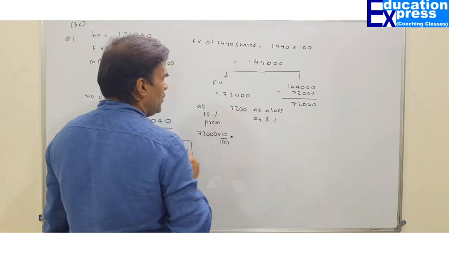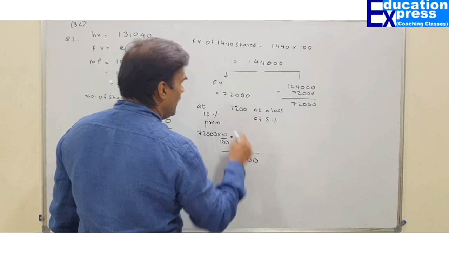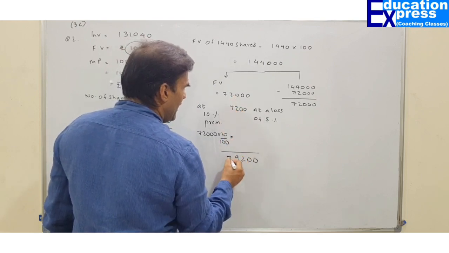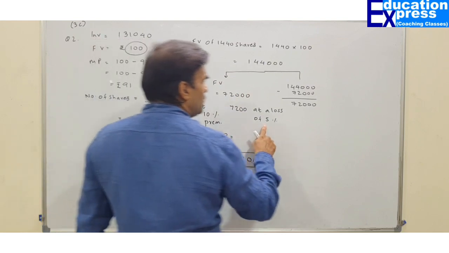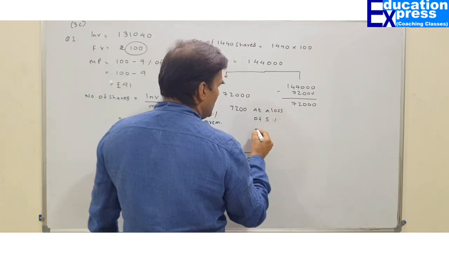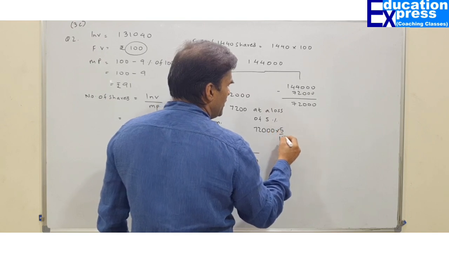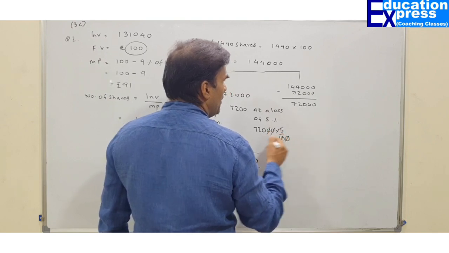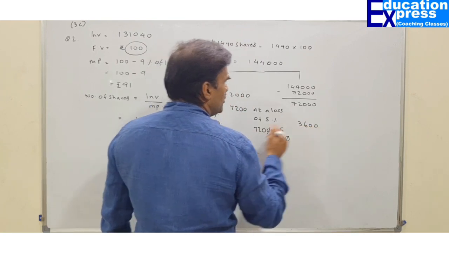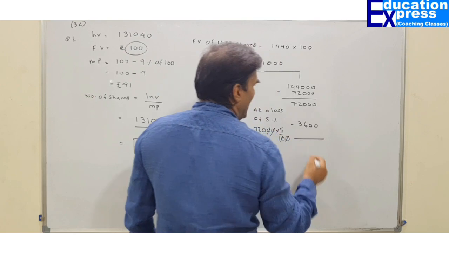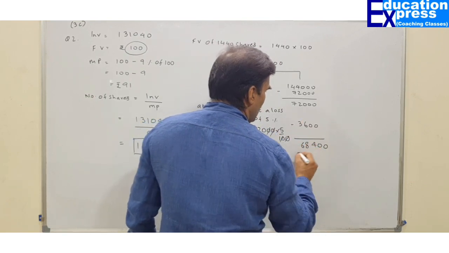7,200. So my total sales would be 79,200 for this portion of the shares. This was sold at a loss of 5%. 72,000 into 5%. Now how much will this come up to? 3,600. I made a loss, so I'll have to subtract. So my net sales would be 68,400.